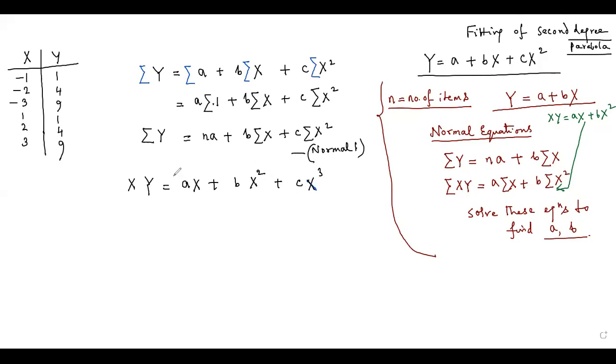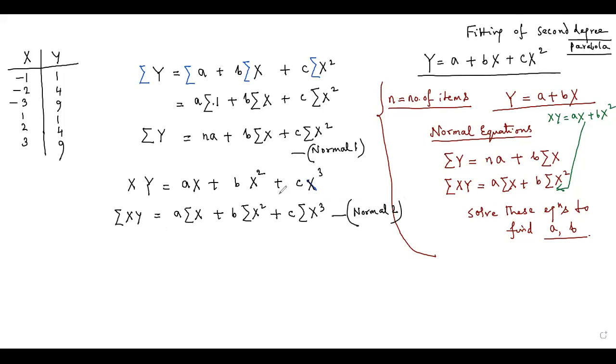First we multiply all the terms by x, and then we put the summation sign before that, and we get summation xy is equal to a summation x plus b summation x square plus c summation x cube, and that is my normal equation 2.